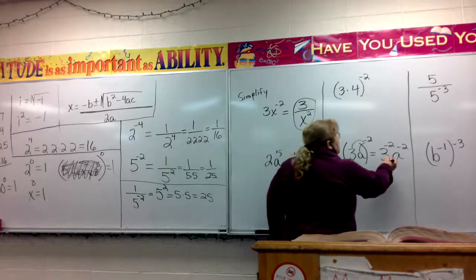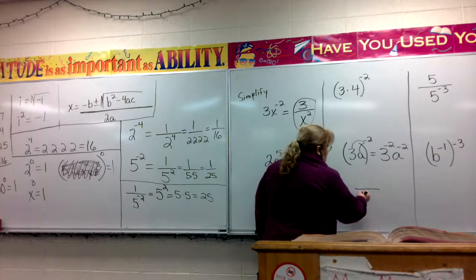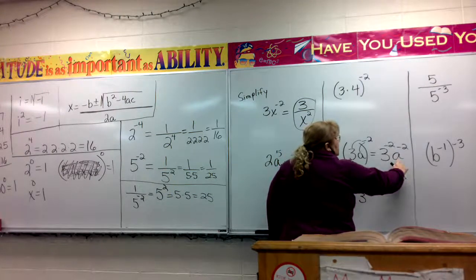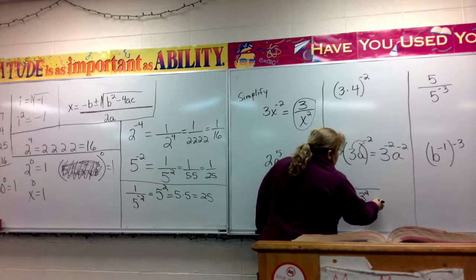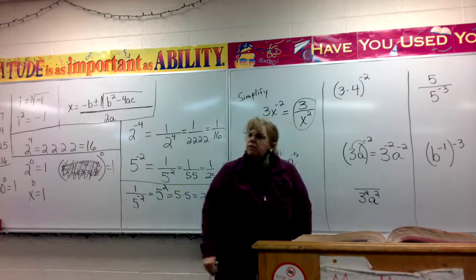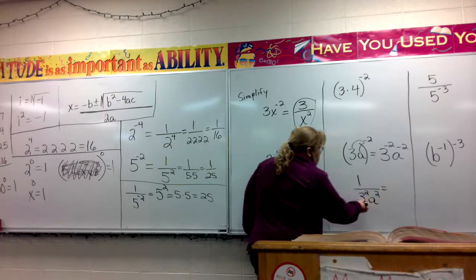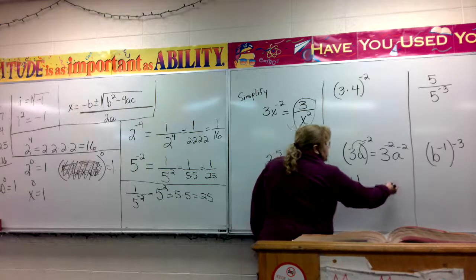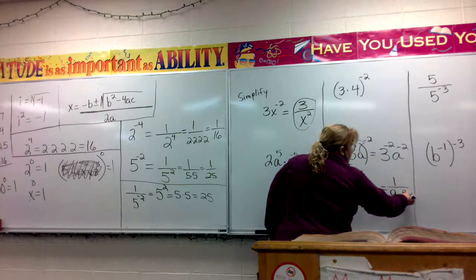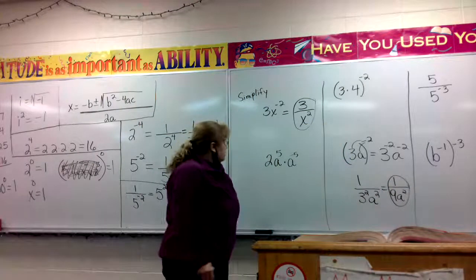And so now, how do you get rid of a negative exponent in the numerator? You bring it to the bottom and make it positive in the denominator. This one's also negative. Bring it down and make it positive, right? And now, one last thing, you could simplify this. What is 3 squared down there? 9. Yes?